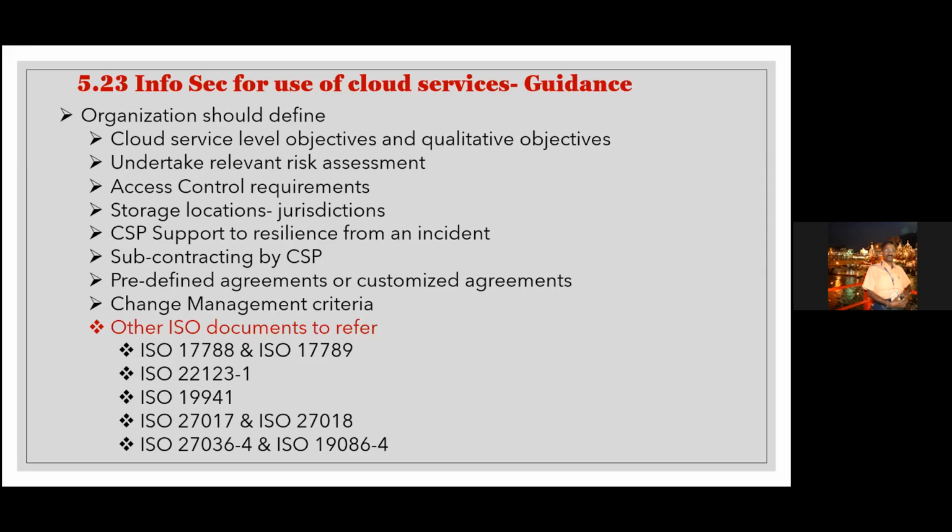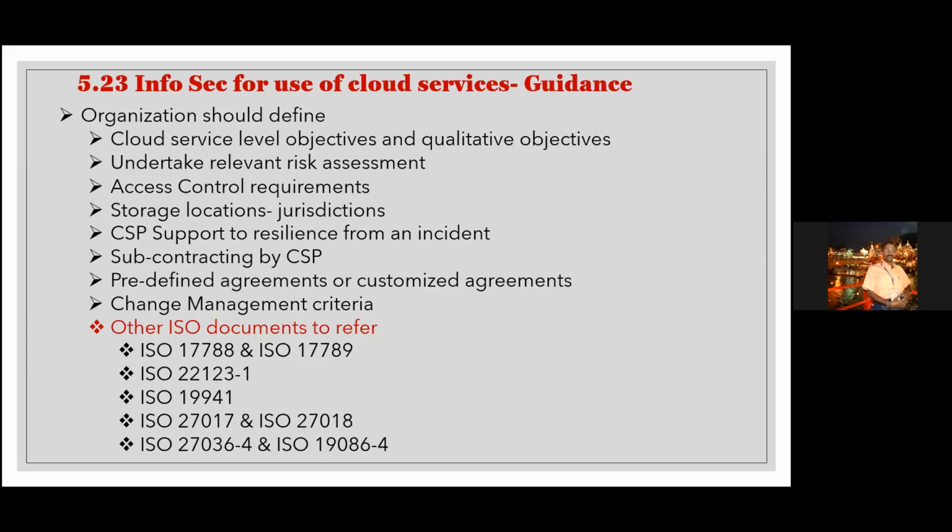CSP support for resilience from an incident, and subcontracting by the CSP. In case the cloud service provider further subcontracts the environment, we also need to look at those subcontracting clauses and obligations.